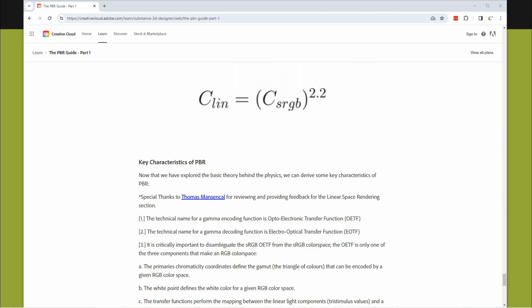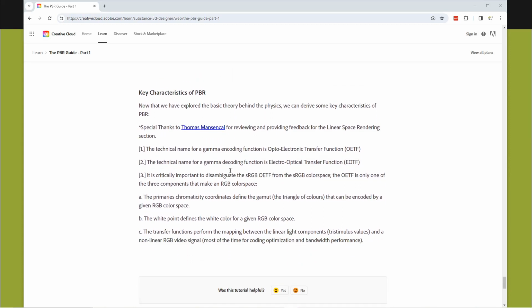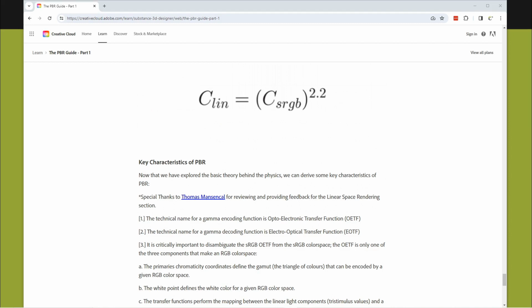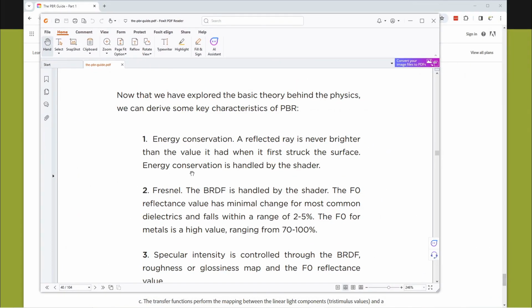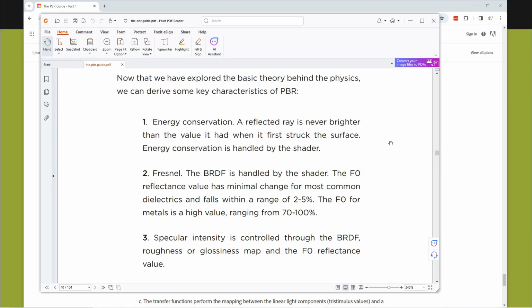Now the online documentation talks about key characteristics and then doesn't mention them. It just goes into some of the footnotes. But if you download the PDF, it will tell you the key characteristics of PBR. So we're going to sum everything up based on these statements.